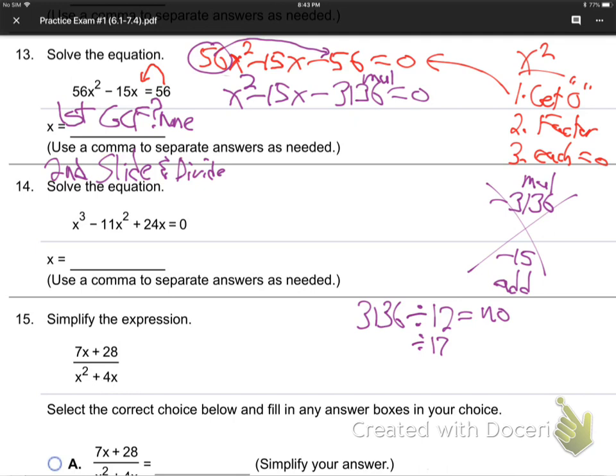No. How about 18? It doesn't even go. When I write no, it just means it's decimals. Let me try 28. That's going to be 112. No, I'm going to try something bigger. 64. 49.